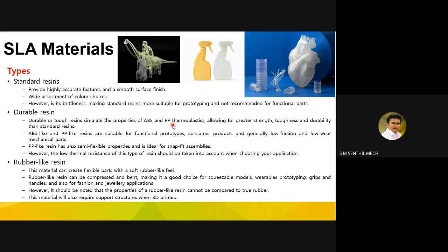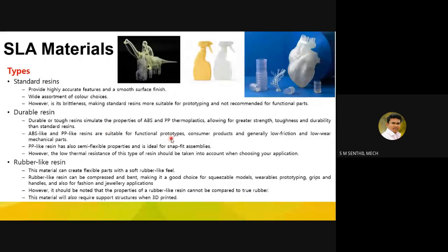So when you use these durable resins, the parts have good strength and are also flexible, with greater strength, high toughness, and high durability when compared to the standard resins. Parts printed using durable resins are suitable for functional prototypes.